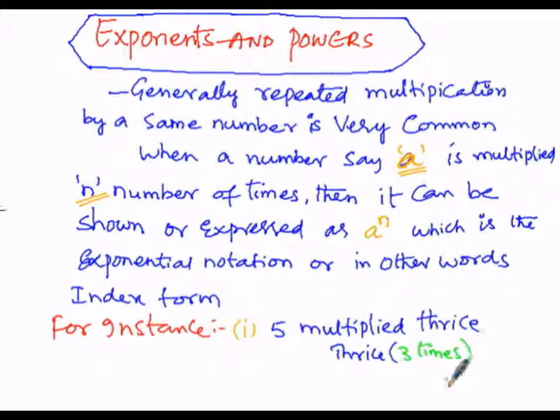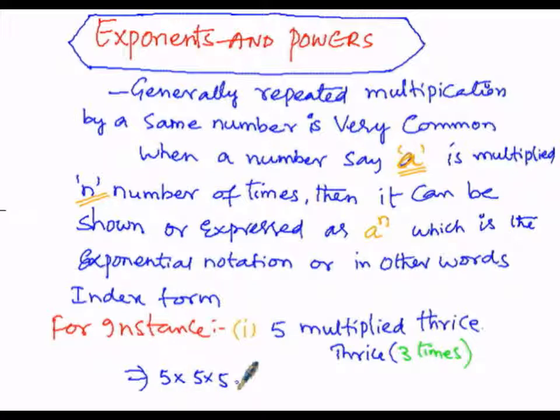That means 5 must be repeatedly multiplied 3 number of times. So, overall, that implies 5 must be multiplied: 5 into 5 into 5. So, 5 is multiplied 3 number of times, that is 1, 2 and 3.